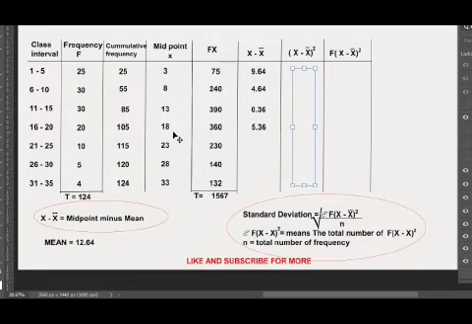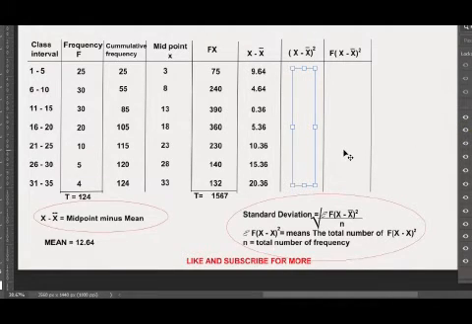Sorry, it's 23 minus 12.64, we have 10.36. If you continue, 28 minus 12.64, we have 15.36. And the last one, 33 minus 12.64, we have 20.36.